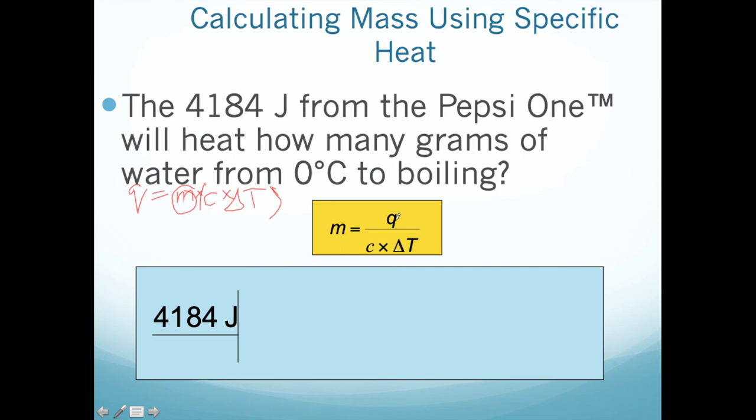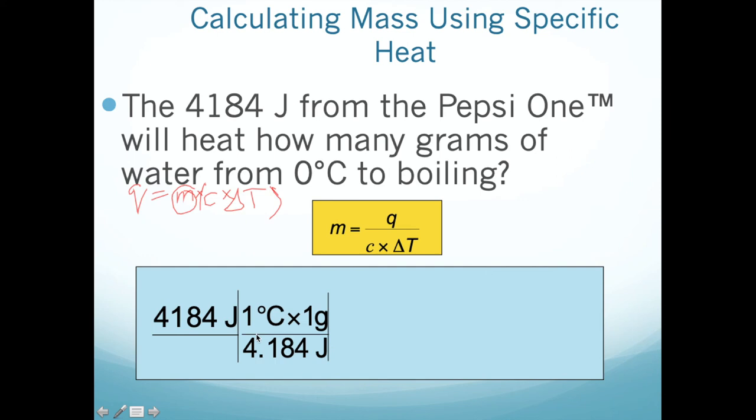So we start off with 4,184 joules, and so that's our Q, right? So we divide by C, which if you do that, you'll notice that to divide by something, that's the same thing as writing the inverse of it.